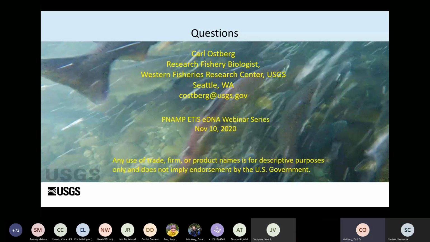It depends on if it's a slow moving water, maybe the eDNA will be settling out a lot more than in faster moving water. It depends on water temperatures, and these are good questions, the types of questions that a lot of folks are really actively working to try to understand and address.